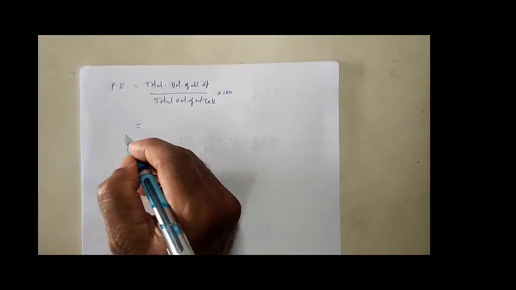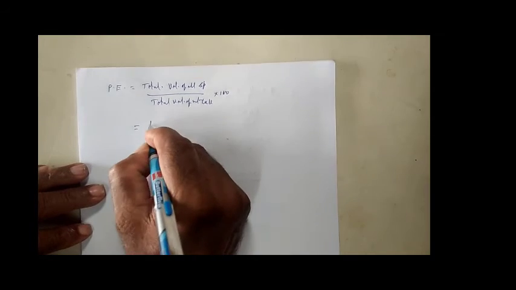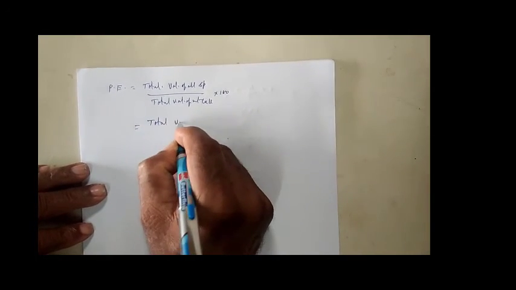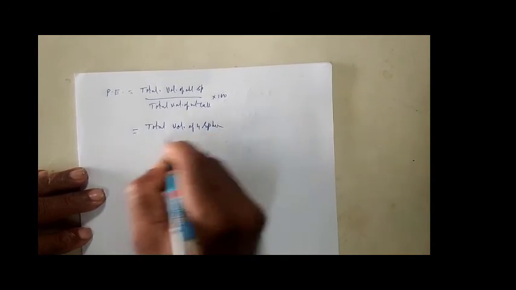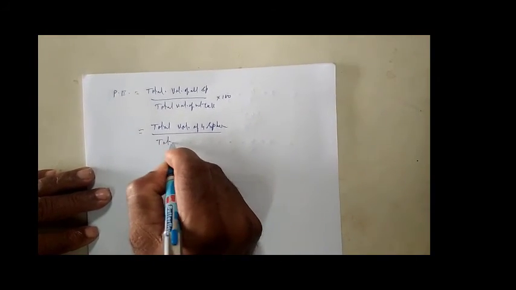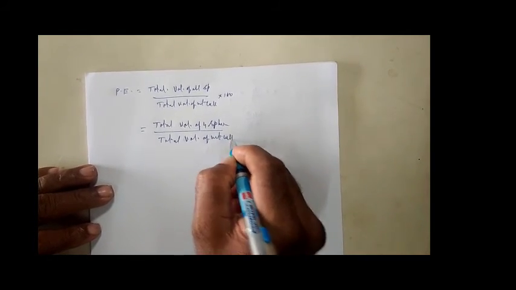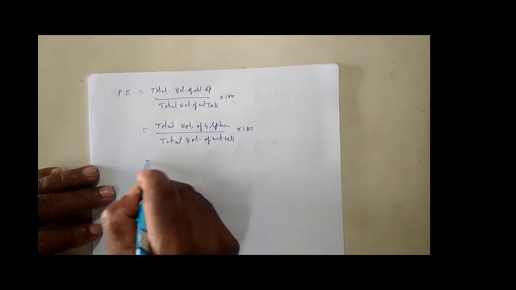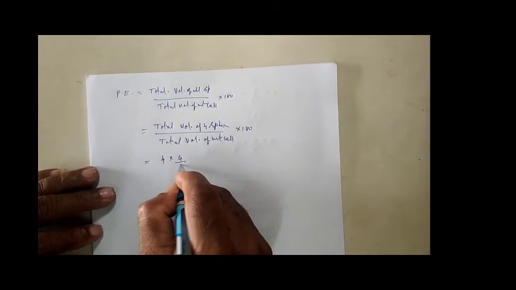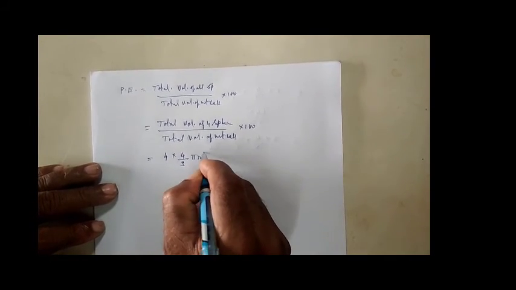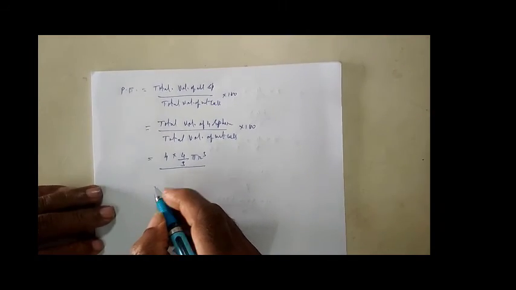In FCC, how many spheres are there per unit cell? 4. Therefore, total volume of 4 spheres by total volume of unit cell into 100. Total volume of 4 spheres, 4 into 4 by 3 pi r cube by volume of unit cell.